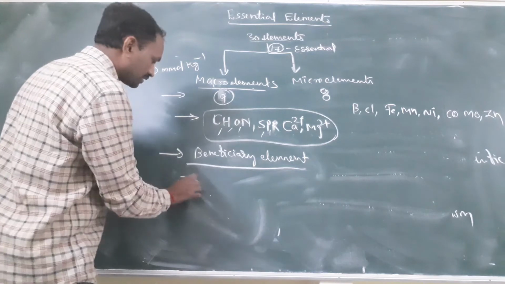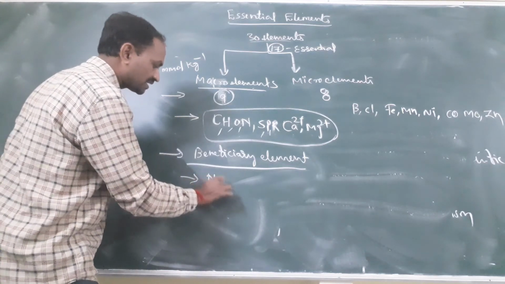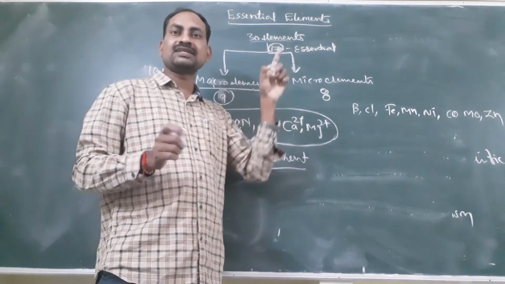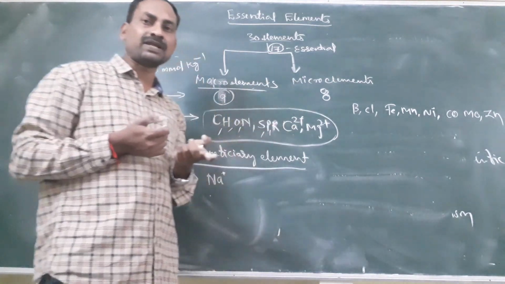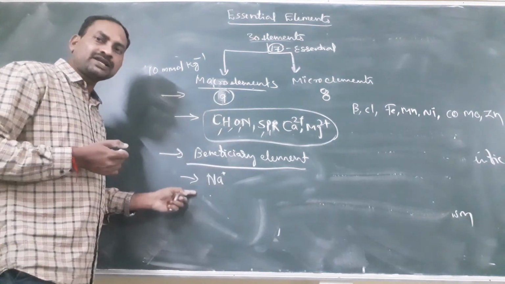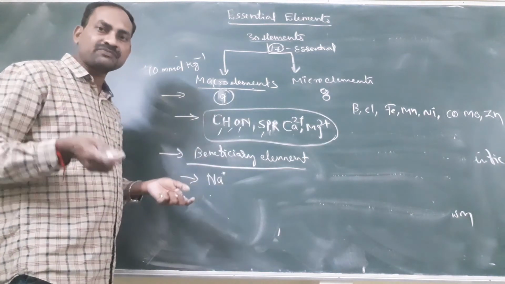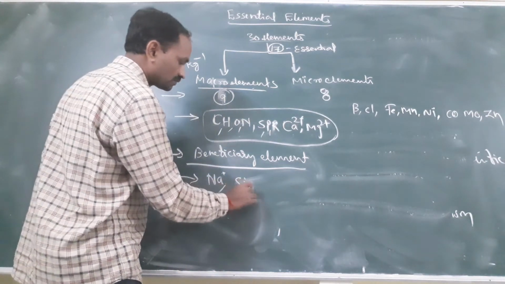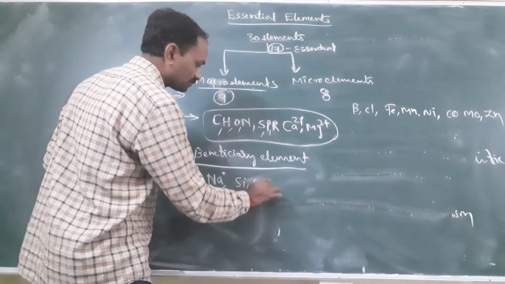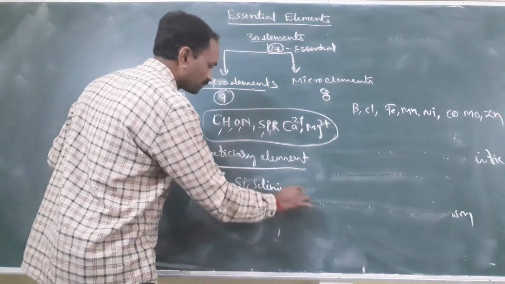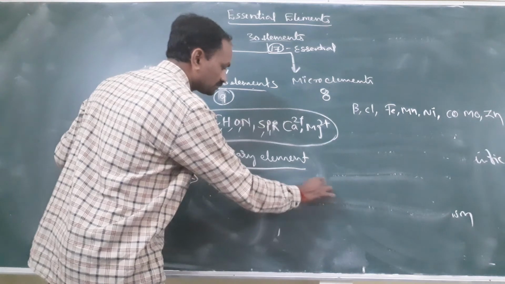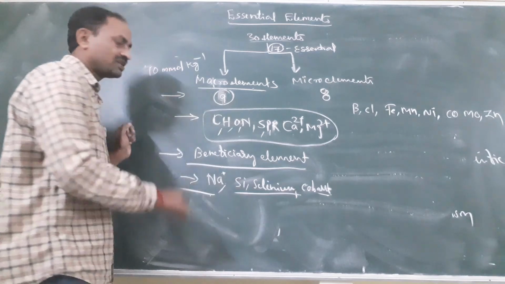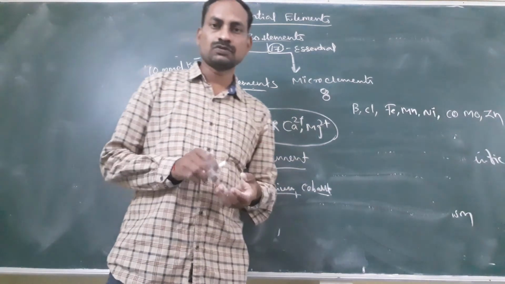For example, sodium, even though it is not an essential element, is required for the growth and development of the plant, and sodium modulates the membrane permeability. Like that, silicon, selenium, cobalt. All these are beneficial elements. Thank you.